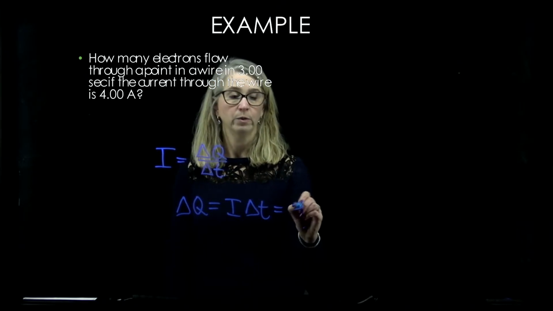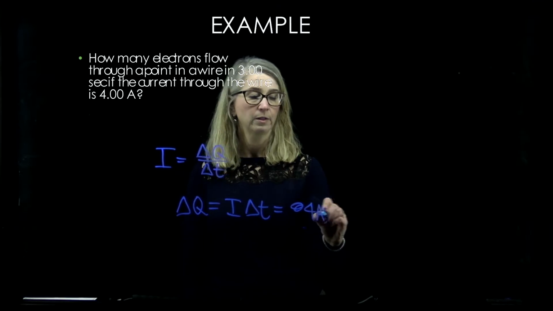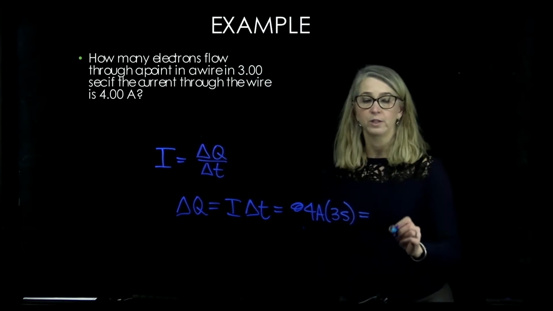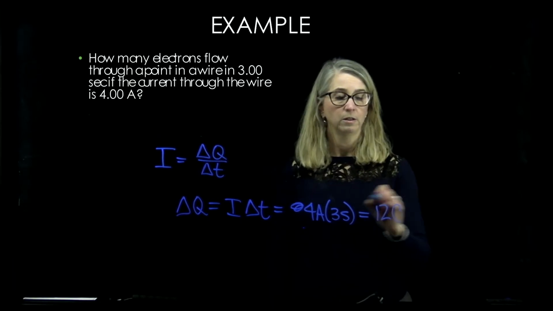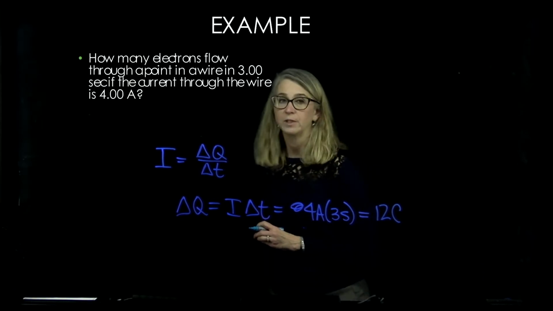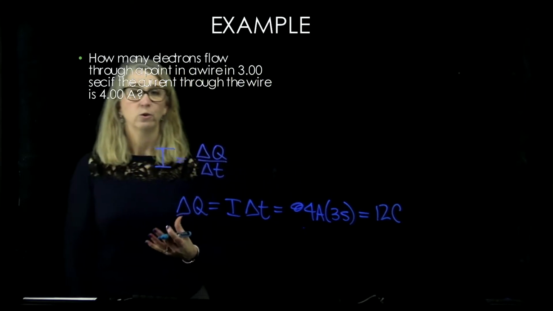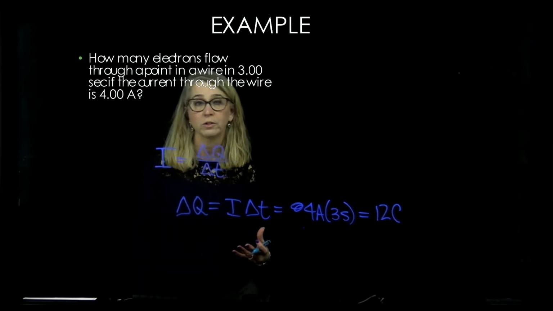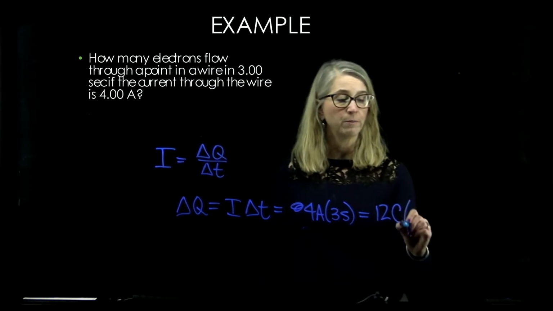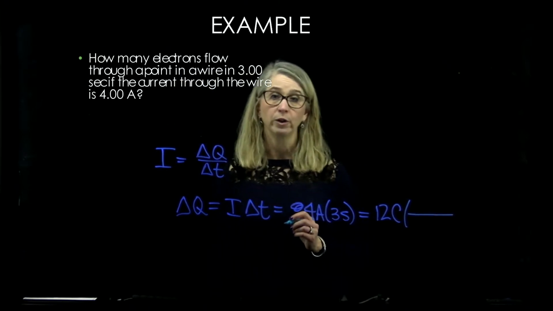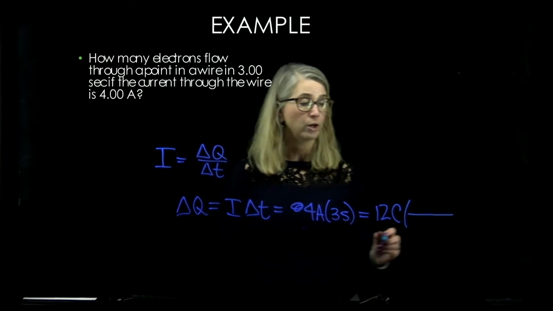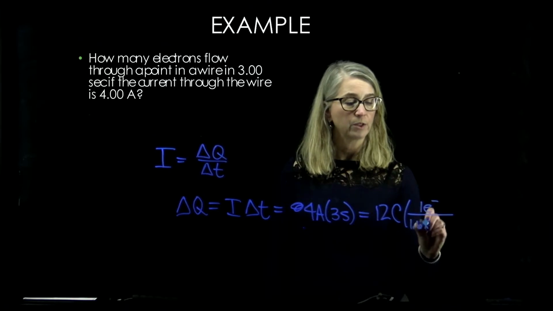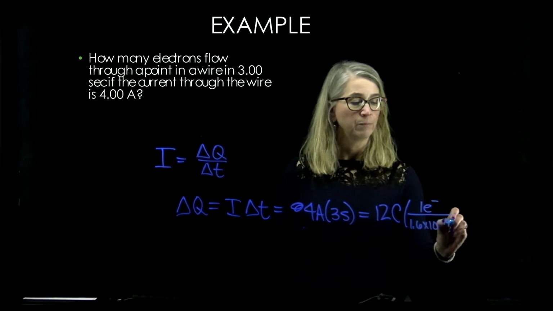and our current is 4 amps, and our time is 3 seconds. If we multiply those together, we get 12 coulombs. But that wasn't actually the question that they asked. They asked how many electrons that would correspond to. So we have to remember from earlier chapters what the charge on an electron is. 1 electron is 1.6 times 10 to the minus 19 coulombs.